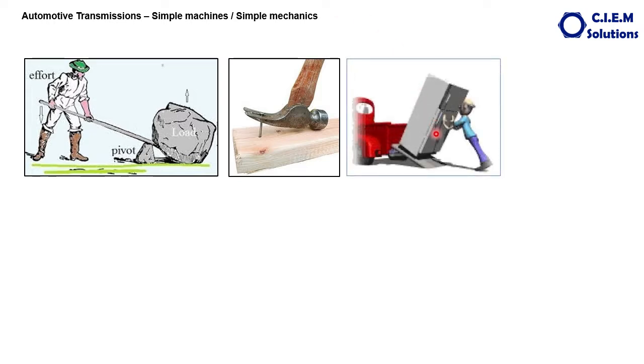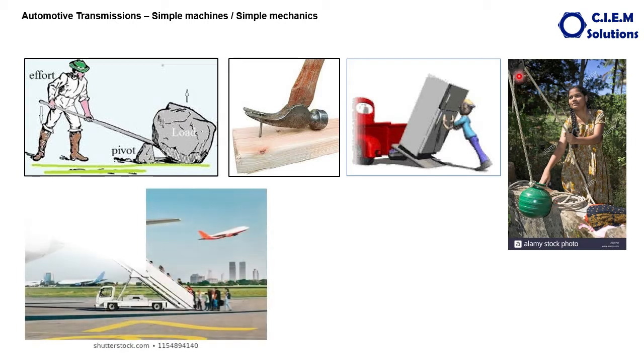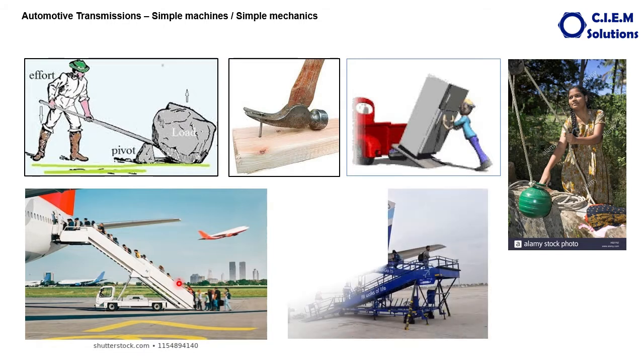Loading a heavy load in the truck with the help of an inclined plane is not directly lifting, but he can perform this job with the help of an inclined plane. Drawing water from the well with the help of a pulley and rope. Climbing or boarding an aeroplane with the help of a ladder, which we see regularly.